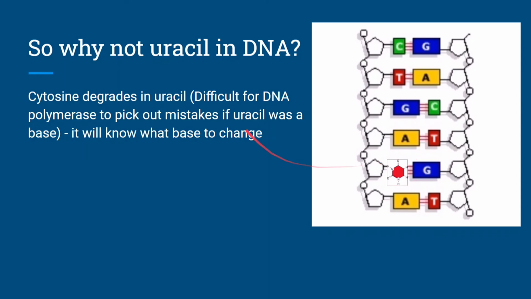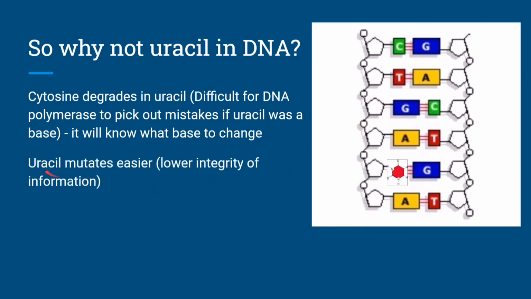So this means that the integrity of the coded information in our DNA wouldn't be as strong as if we had thymine. So as I said, uracil mutates much easier than the thymine, so it has a lower integrity of information. And thymine maintains this integrity of coded information, so that is why it is used in DNA.